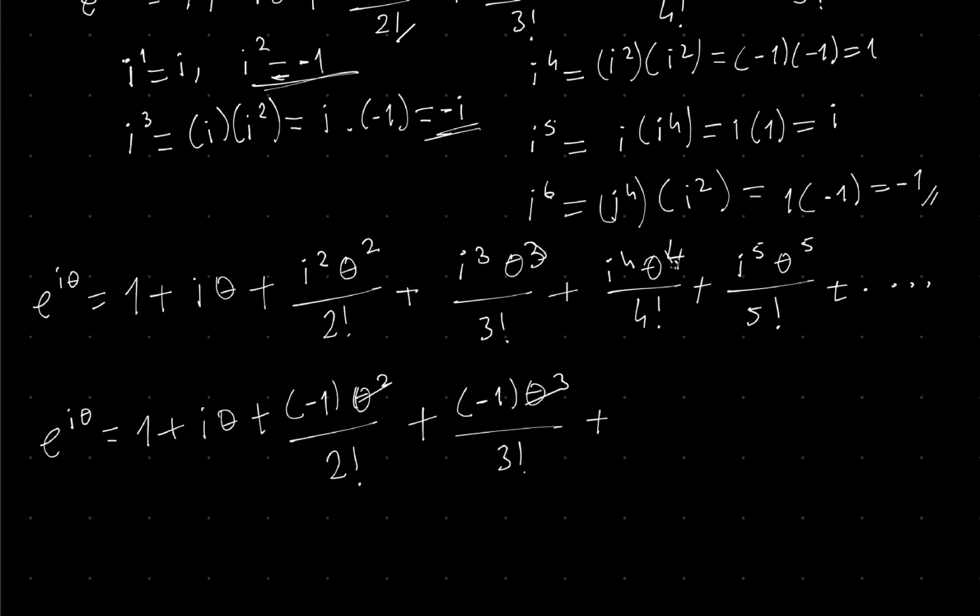For the fourth power we have 1, theta to the 4 over 4 factorial, plus, and for 5 we have an I, theta to the 5 over 5 factorial, and it goes like that.